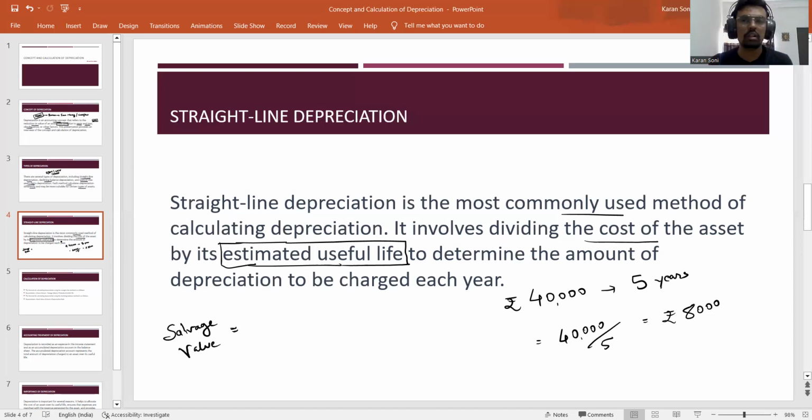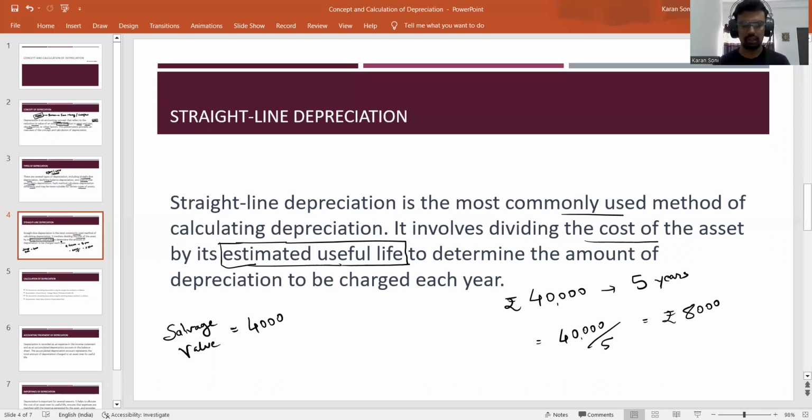So 4,000 rupees is my salvage value. Please note, I purchased this laptop at 40,000, and whenever I go out and sell it, I'll get 4,000 for sure. So this is my salvage value.